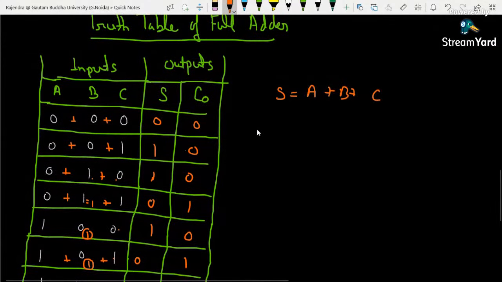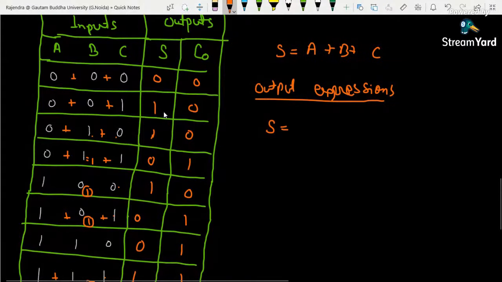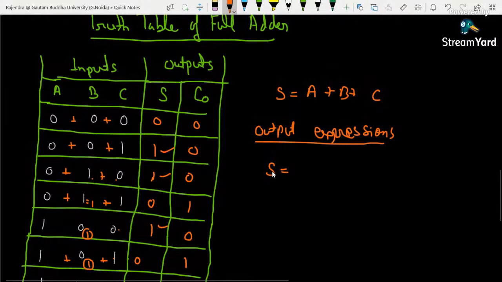Okay, now we will write the output expressions. The first output is the sum. In the sum column, check where you are getting a high output. This is high, this is high, this is high, and this is high. What are the corresponding minterm values or decimals?